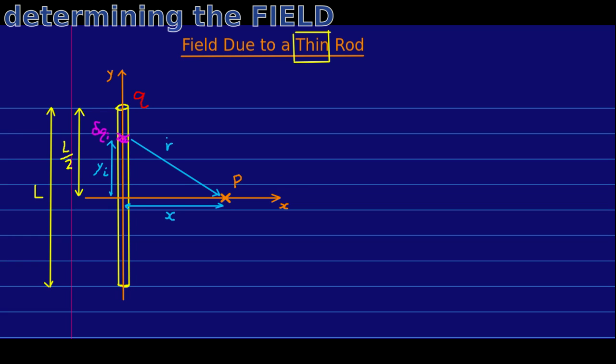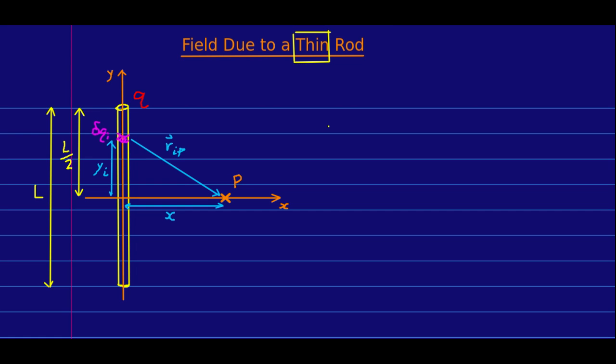So there is the vector r_iP. And we know that the field due to delta q_i must be k delta q_i, where that is the amount of charge on that piece, over r_iP squared, r hat iP.